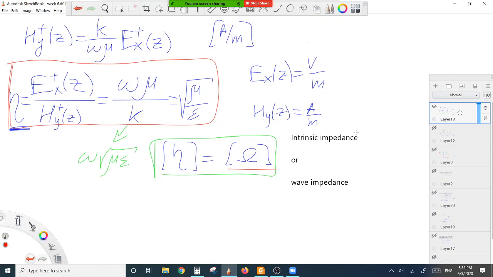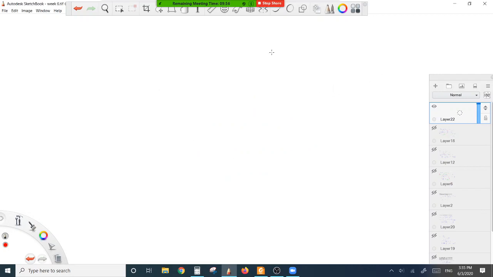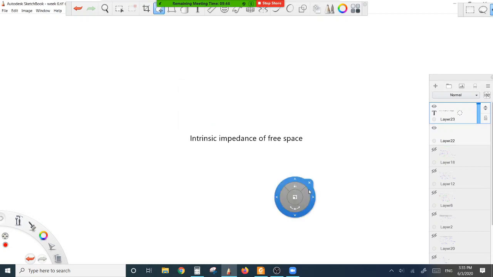And so, for example, we may compute the intrinsic impedance of free space.